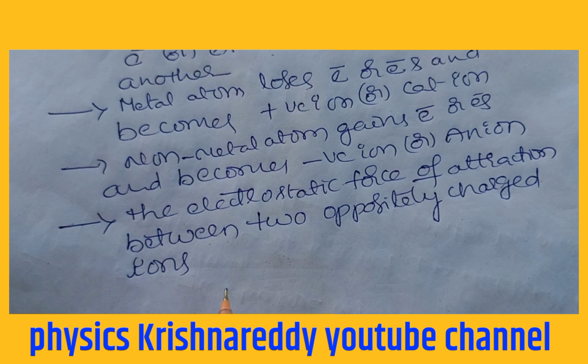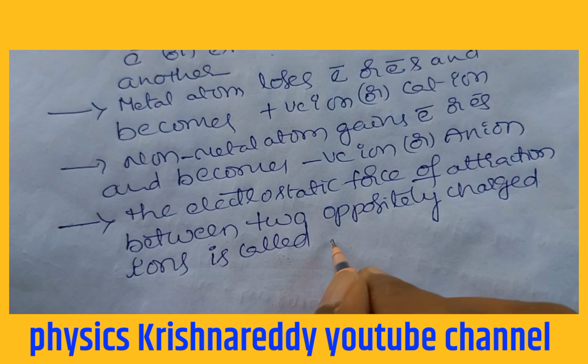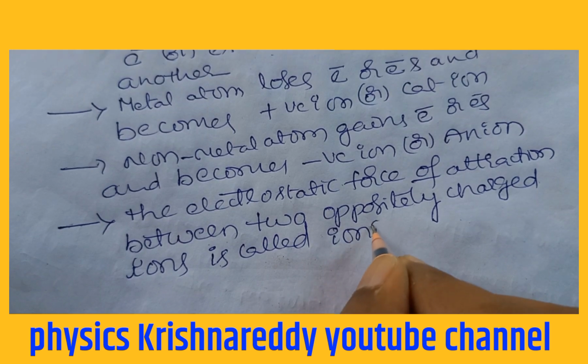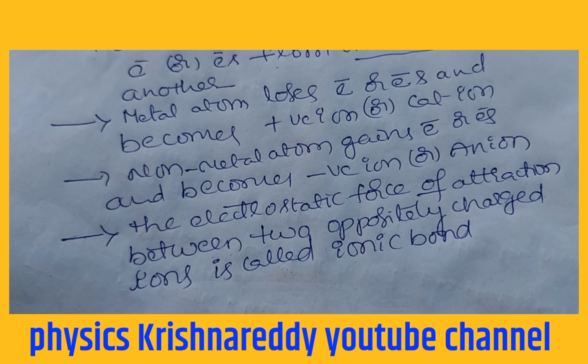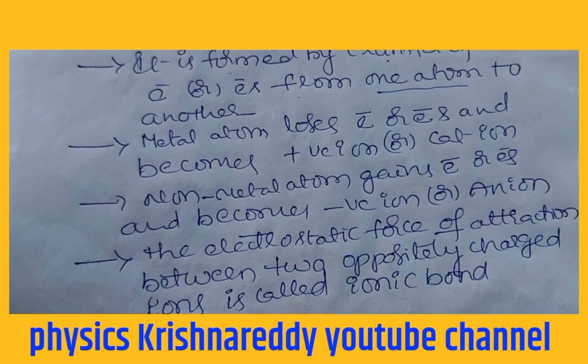Between two oppositely charged ions, that is cation and anion, is called ionic bond. That is why it is also called electrostatic bond or electrovalent bond.